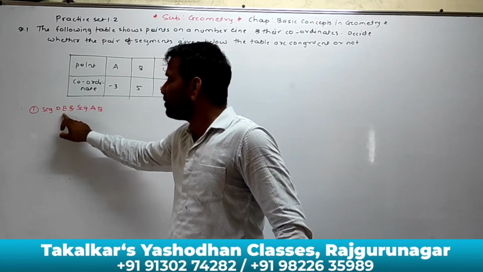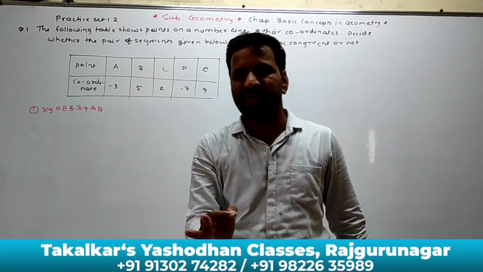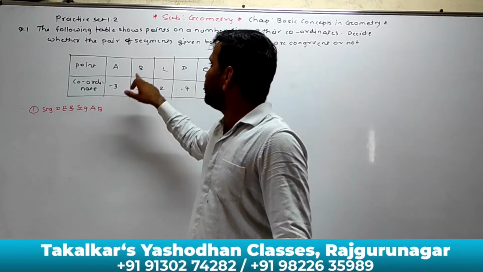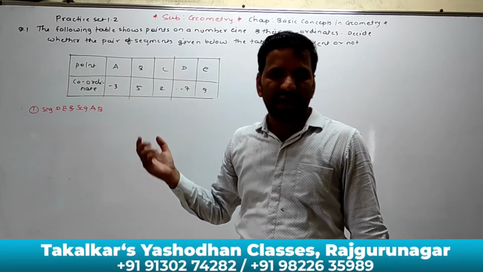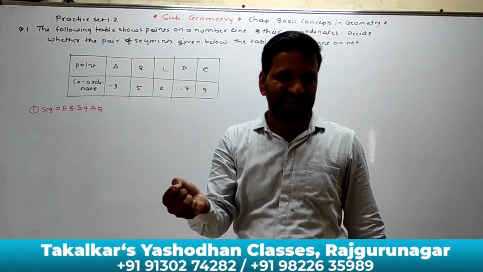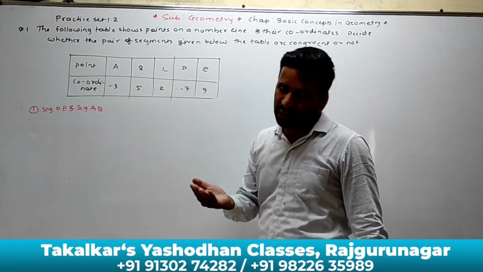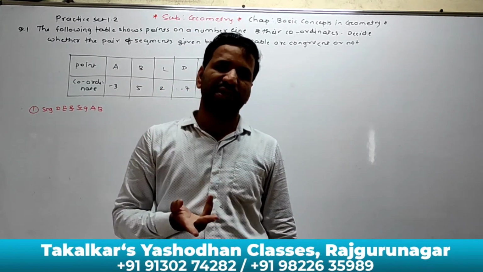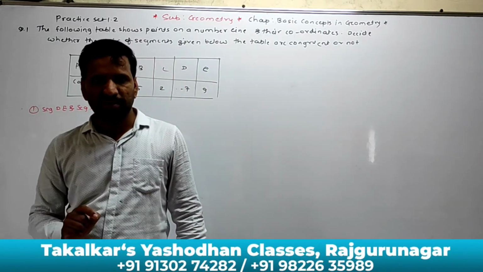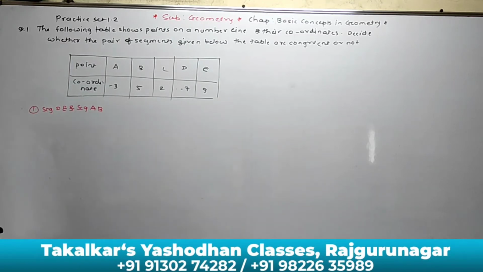Length of segment DE means distance between D and E. And D and E मध्ये distance तुम्ही find out करू शकता बाय नोईंग देअर कोऑर्डिनेट्स. मग ती कशी फाइंड आउट करणार? आपल्याला D चा कोऑर्डिनेट माहिती, आपल्याला E चा कोऑर्डिनेट माहिती. सो लेंथ फाइंड आउट करता येतील आणि लेंथ जर इक्वल आल्या तर म्हणायचं ते सेगमेंट्स काय आहेत? कॉन्ग्रुएंट आहेत. सो इफ द लेंथ्स ऑफ द सेगमेंट्स आर इक्वल देन दे हॅज टू बी कॉन्ग्रुएंट. सो दोघांच्या लेंथ फाइंड आउट करावं लागतील, DE आणि AB च्या. सो लेट्स ट्राय टू फाइंड आउट.